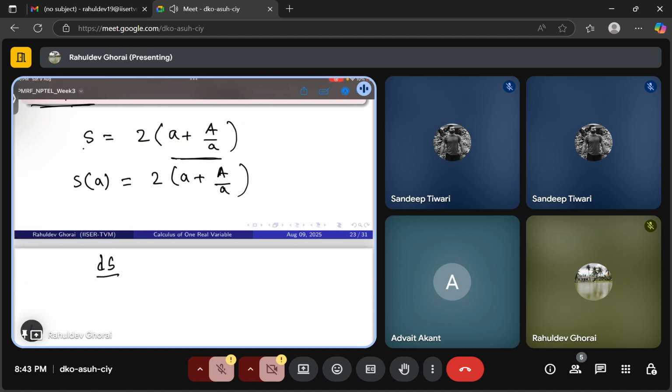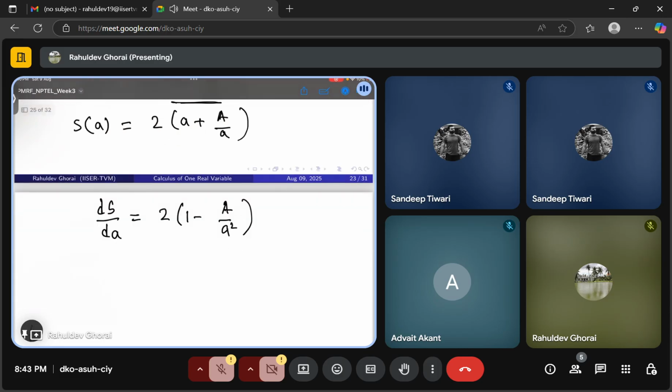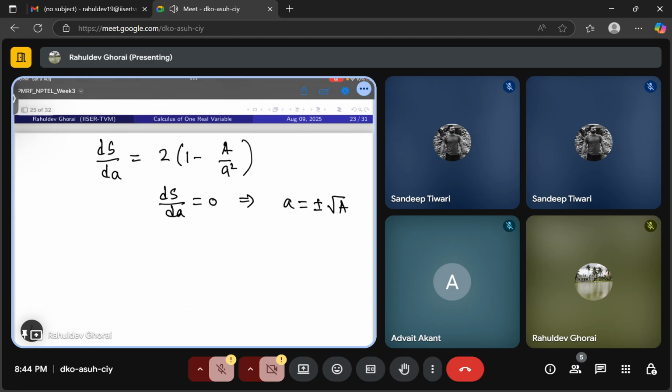This is dS/da is 2 times 1 minus A over a squared, right? So dS/da equal to 0 implies a will be plus or minus square root of A. Correct?